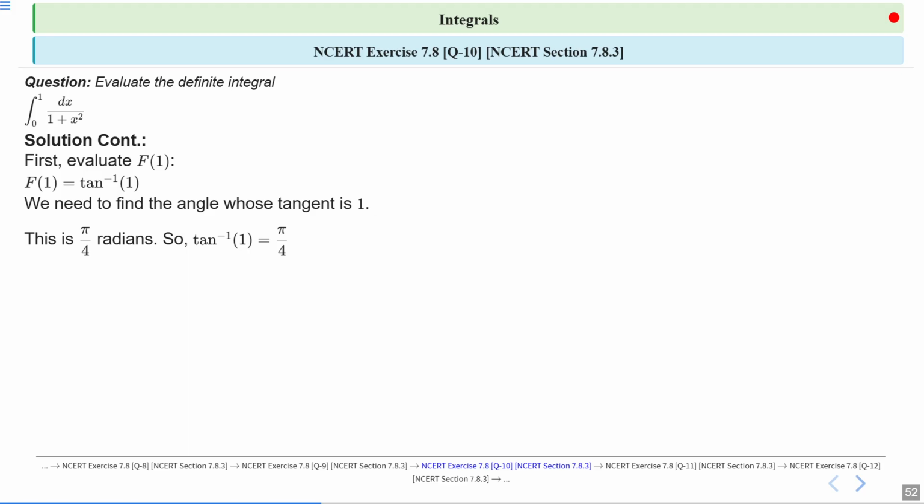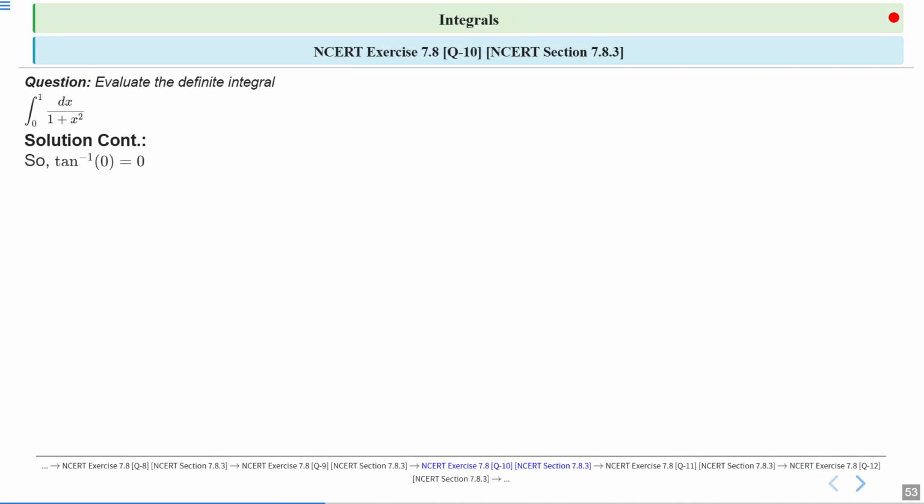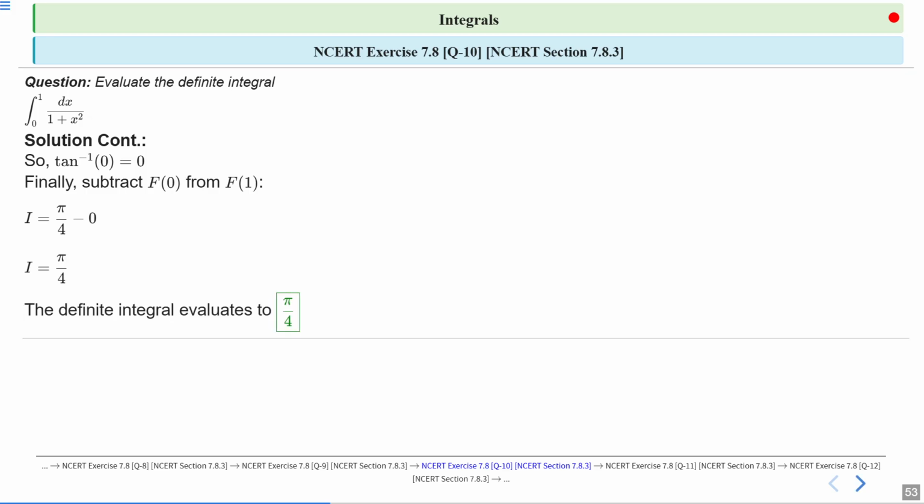So tan inverse 1 is pi by 4. Similarly, when we calculate F0, we need to find the angle whose tangent is 0, and that is 0 radians. So the value of F0 is 0. Then subtract F0 from F1, we get the value of the definite integral, that is pi by 4.